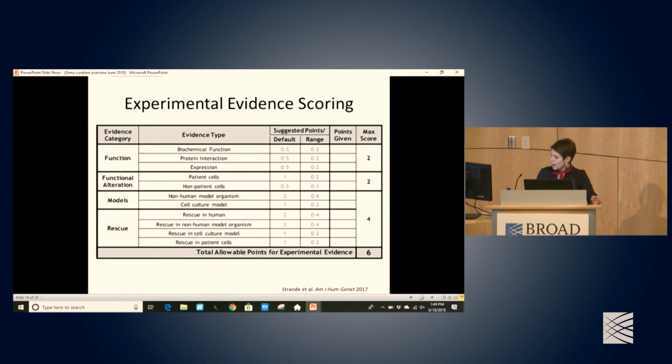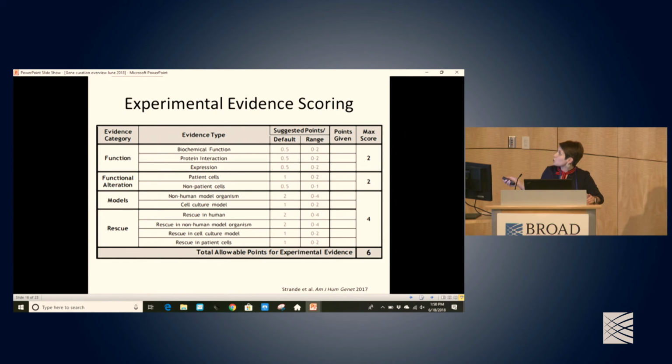You'll note that each category has a maximum score that's associated with it, because we felt like we didn't want something to get the maximum amount of experimental points, say from this kind of less compelling piece of information like function, this particular category.